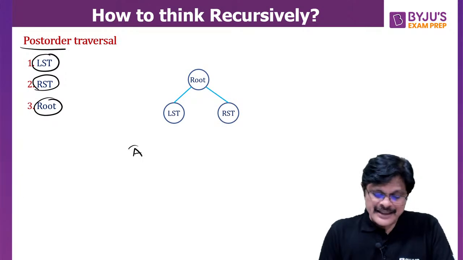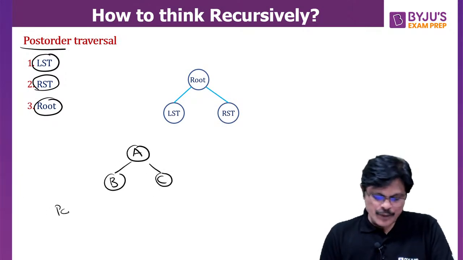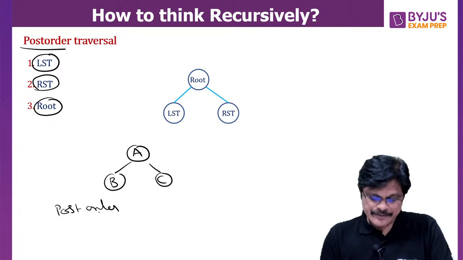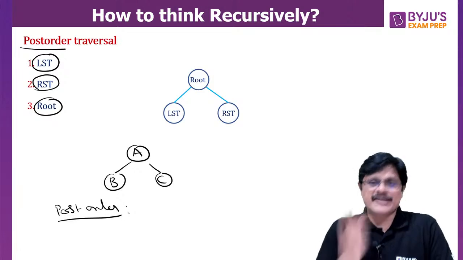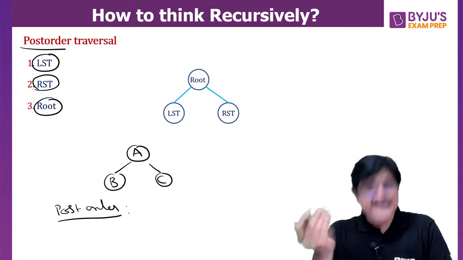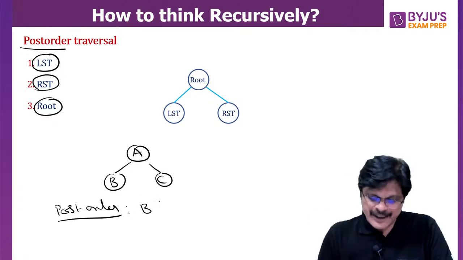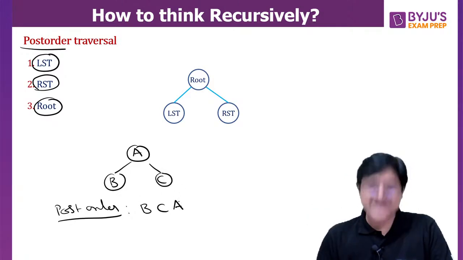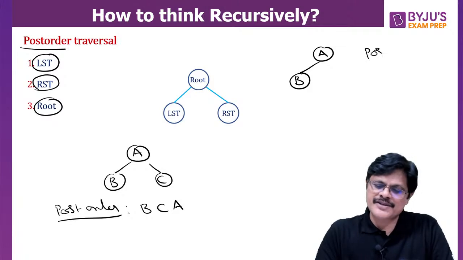So when you write a simple binary tree, what about post order for this? First the left subtree is visited, then the right subtree is visited recursively in post order, then the root node. That is the story. Can you give the post order for this? What is the post order for this?